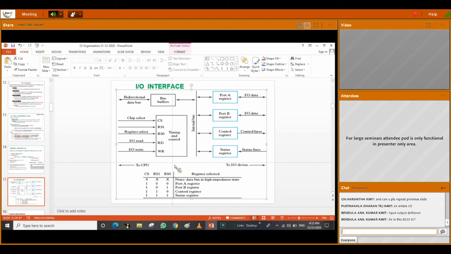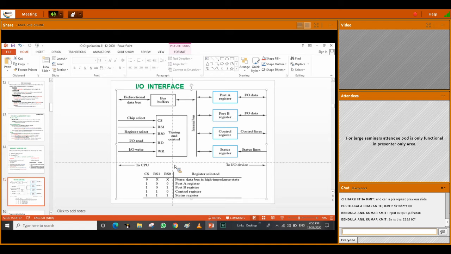And what are the control lines here? Every information register controls the signals. Signals mean, for example, whatever page number you are given, you print from 10 to 20 only. The control signals are placed in the control register only. That is the main important point.